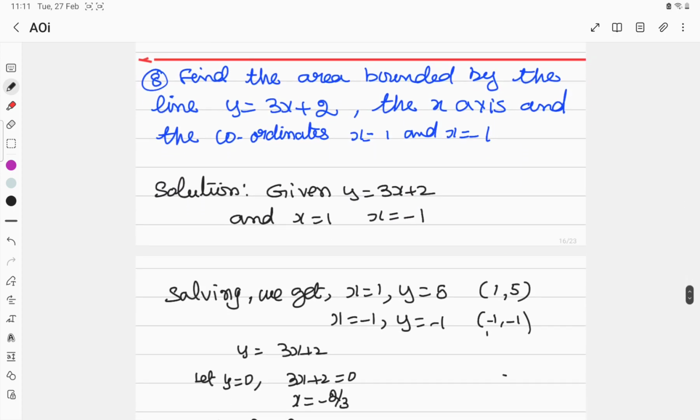Question number 8. Find the area bounded by the line y = 3x + 2, the x-axis, and the ordinates x = 1 and x = −1. Given y = 3x + 2, it is a straight line. Here also both are parallel lines. x = 1.